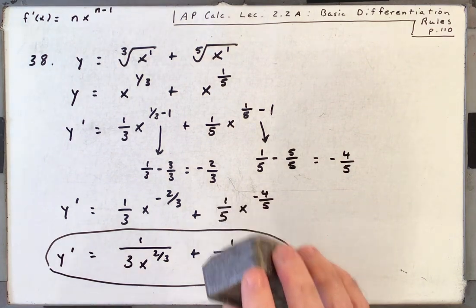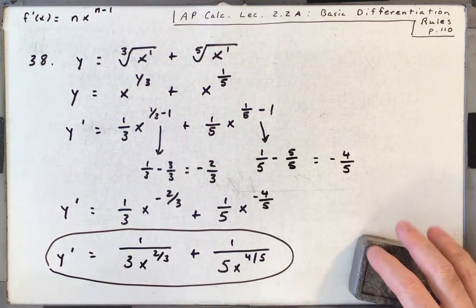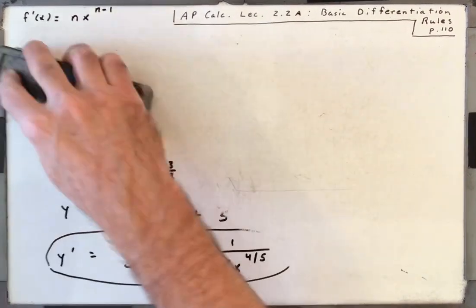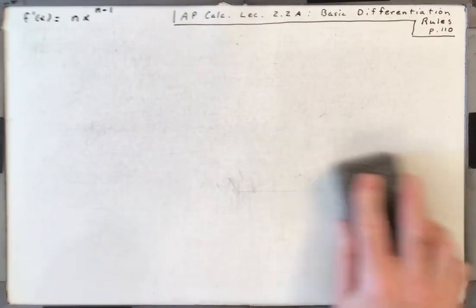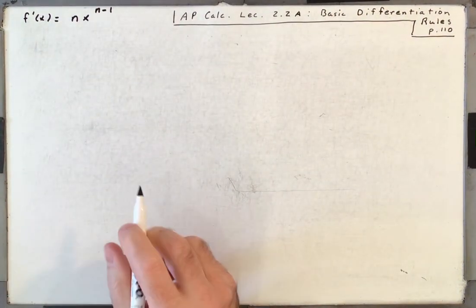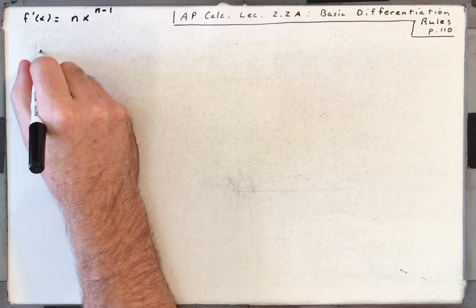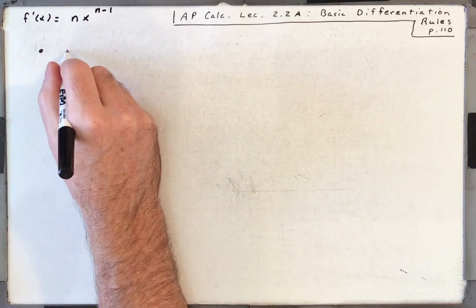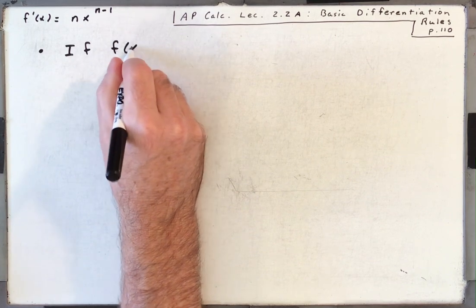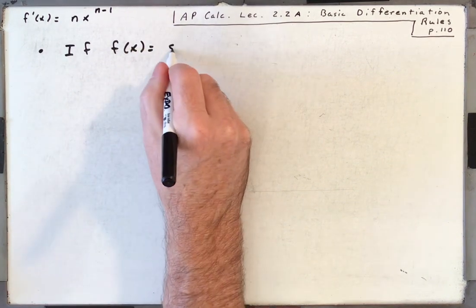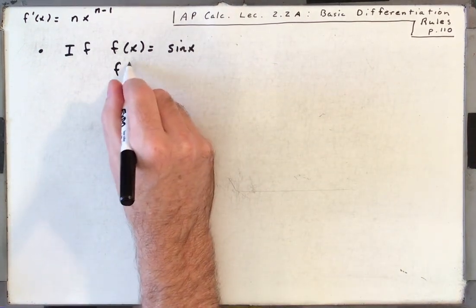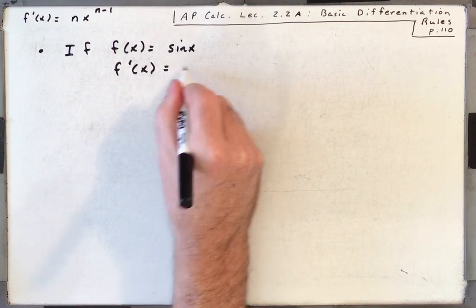non-trig, I'm just going to give you a couple of elementary trig rules. We'll do a lot more trig later on. So you've got to memorize these rules. If f of x is equal to sine x, f prime of x is equal to cosine x.